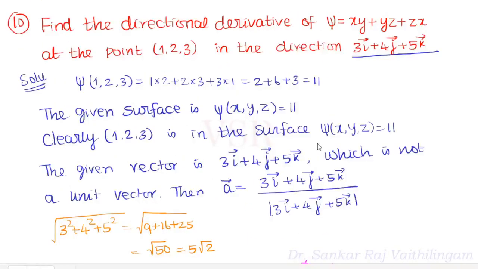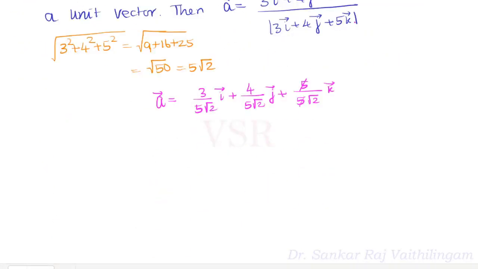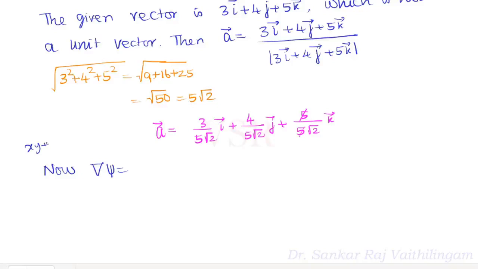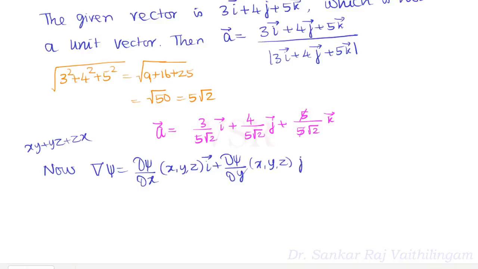Now for the surface we have to find the gradient. Del psi, where psi is xy plus yz plus zx, is equal to dou psi by dou x i vector plus dou psi by dou y j vector plus dou psi by dou z k vector.